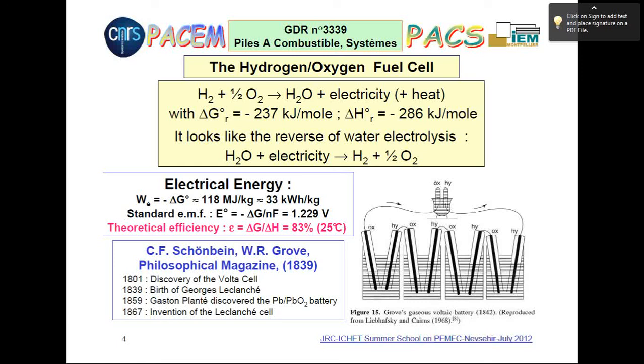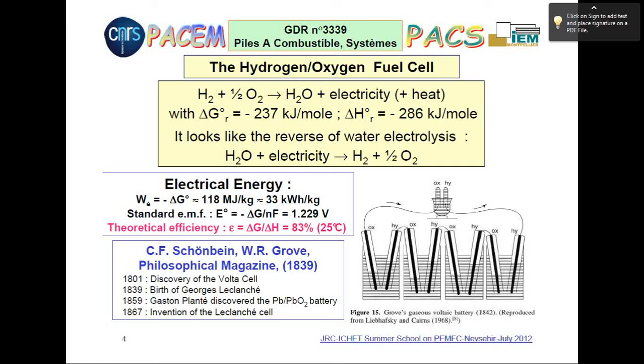With the transformation of chemical energy into electrical energy, the key thermodynamic quantity is the Gibbs energy variation during the reaction. This Gibbs energy allows you to calculate the standard electromotive force under standard conditions, meaning 25 degrees, and you get 1.23 volt.